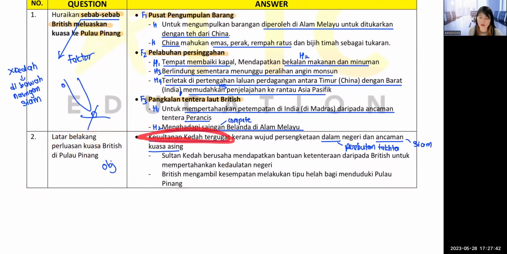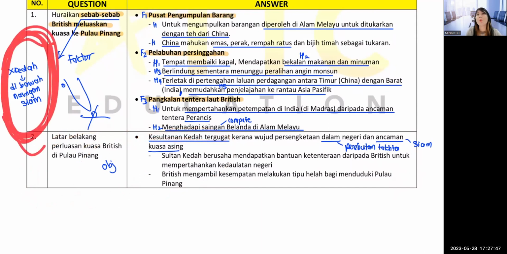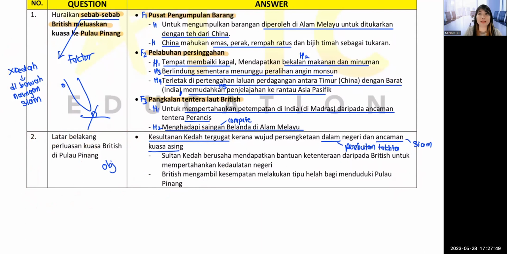It is basically talking about, oh yeah, this part here is talking about, you know why British doesn't take Kedah instead Penang? Previously, guys, do you know that the moment when British come to our Southeast Asia, the first place British actually reach is Kedah. But then British originally wanted to take over Kedah but realized cannot.